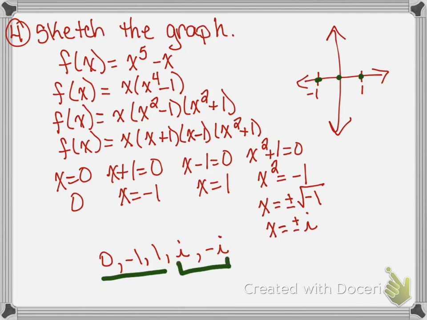They do not cross the graph. i and negative i, they don't cross the graph, so we don't know the graph's behavior at this point. Now we've got a positive leading coefficient, so it is moving in this direction. Okay? And so that is the sketch of our graph for number 4.